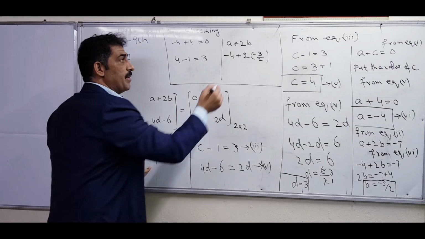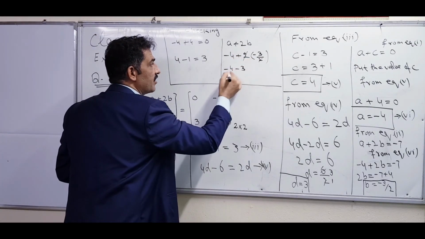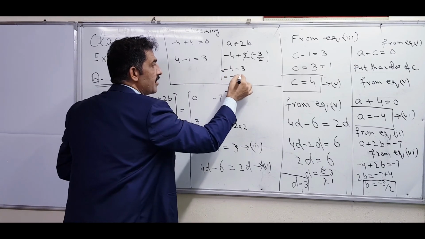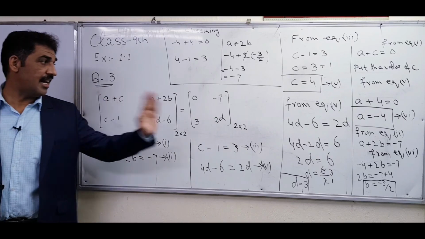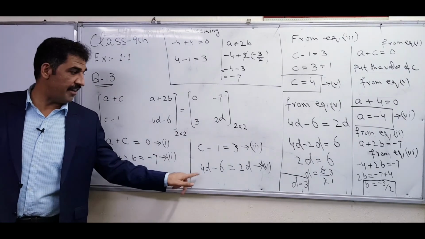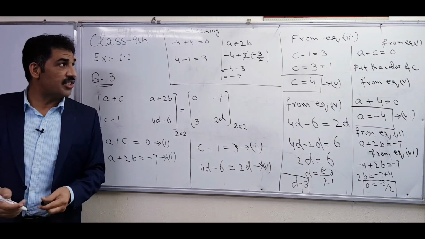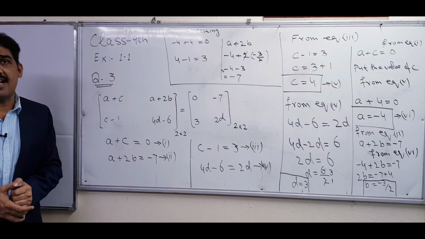So when we simplify, 2 cancels with this 2. So minus 4 and minus 3. What is the final answer? Minus 7. In such a way, the last value D you can also check, because it satisfies this equation, left and right hand side both sides are satisfied. It means that the values which we found are all correct.